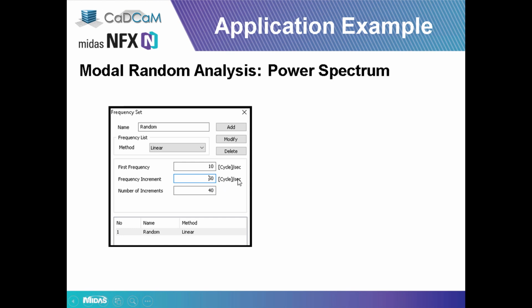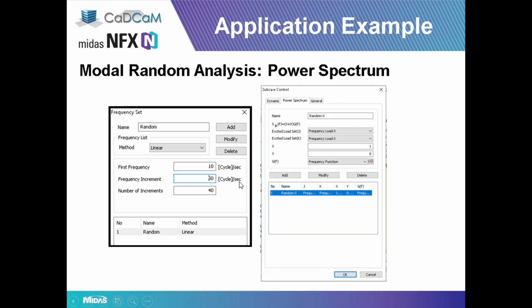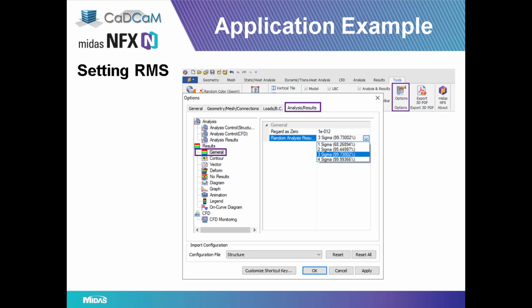Every 60 hertz we will have a calculation. The number of increments will be 40. So the span is 2000 Hertz, between 10 and 2000 Hertz. And of course, we define the power spectrum curve, the frequency load X, and the frequency function, which is the PSD curve.